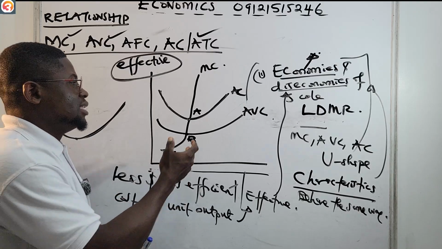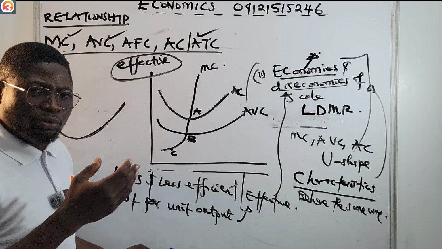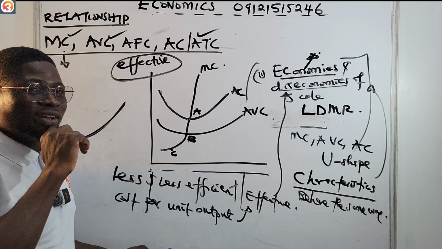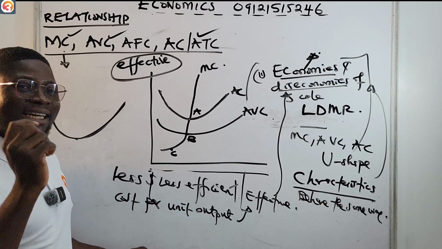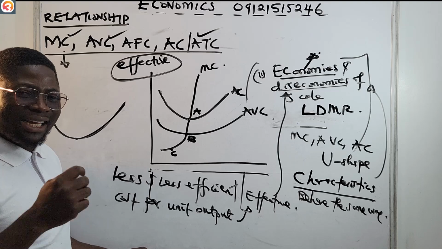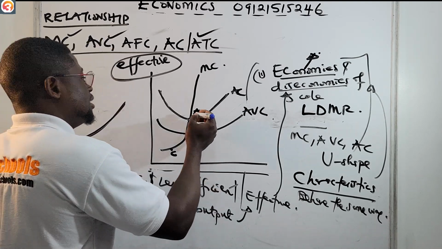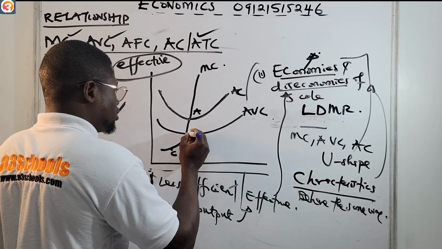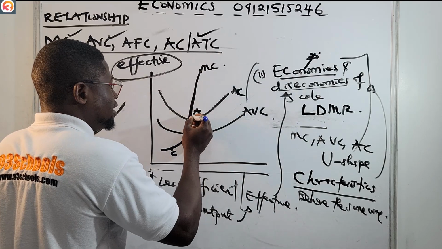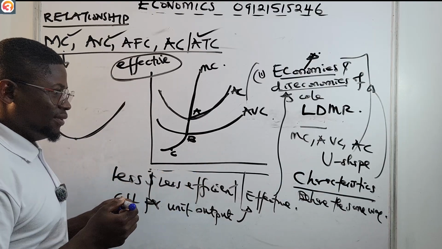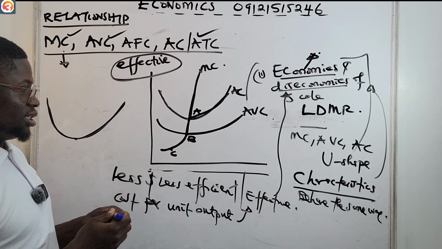Because of that, the cost per unit output begins to increase again, because the marginal productivity of each successive worker you are adding becomes less and less efficient. As a result, the marginal cost will be rising, the average cost will be rising, and the average variable cost will also be rising. So you can see the relationship between all of them.